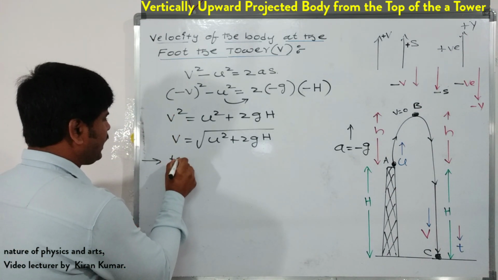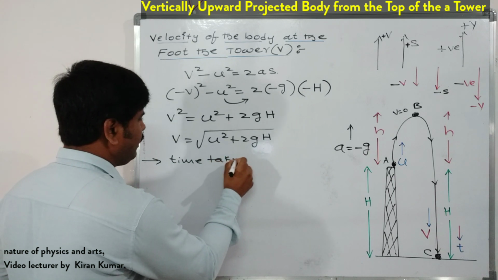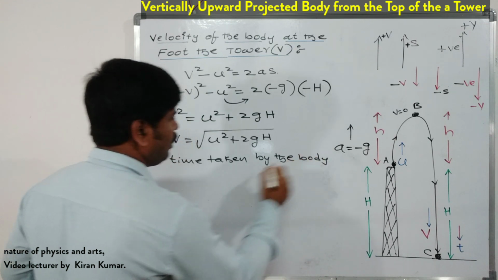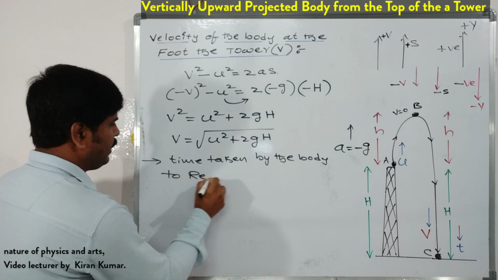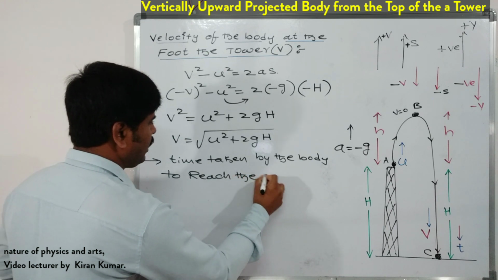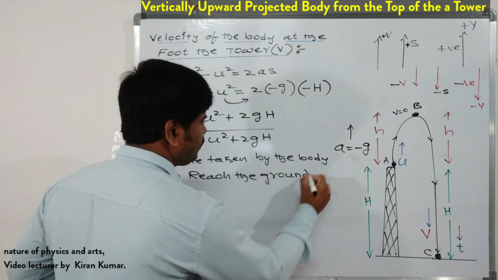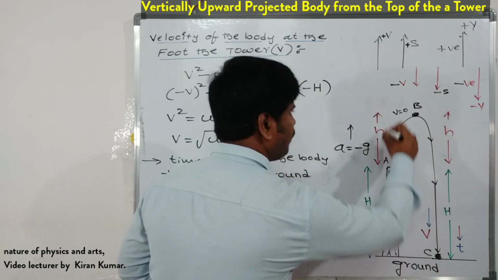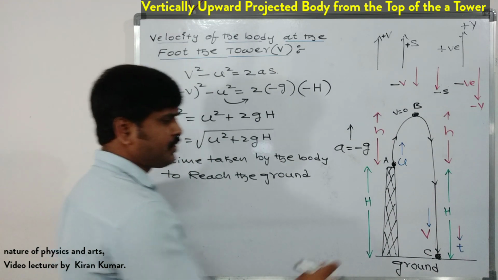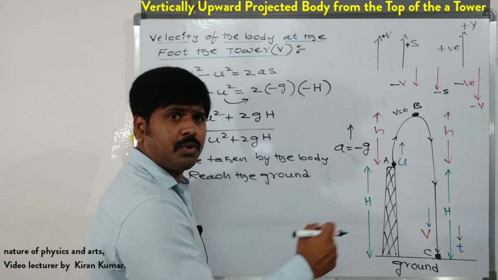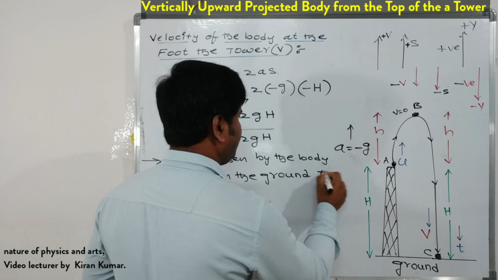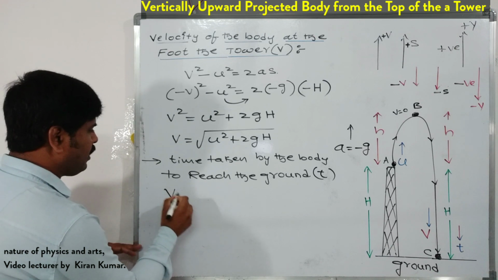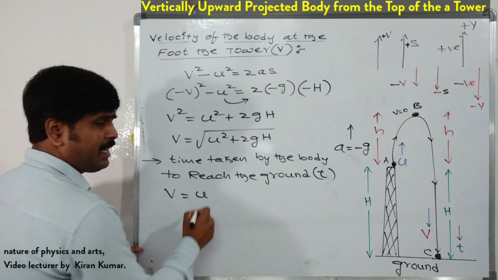So that is the time taken by the body to reach the ground. So this is the ground. Okay, the time taken by the body to reach the ground is t. This value is t, so we have to find t. From the equation of motion, v is equal to u plus at.